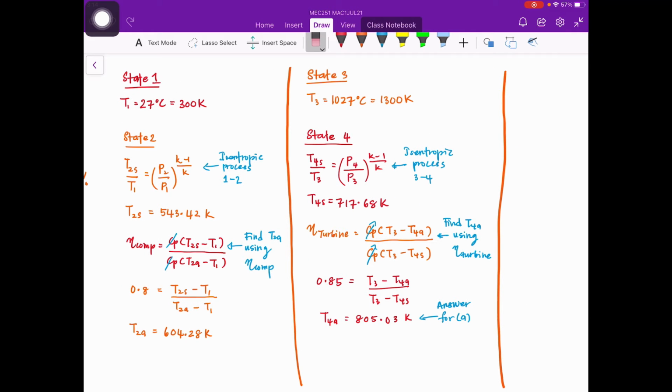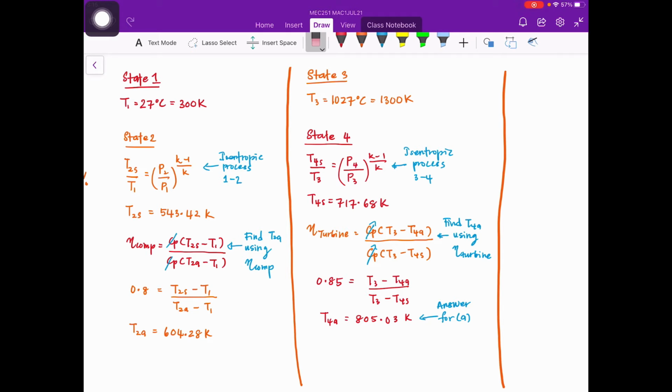For gas power cycle, the aim is to find the temperature for each state of the cycle. This is because, in order for us to determine the enthalpy for gases, we are going to use the formula enthalpy equal to Cp times the temperature.